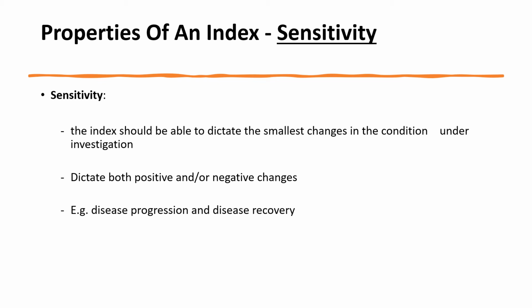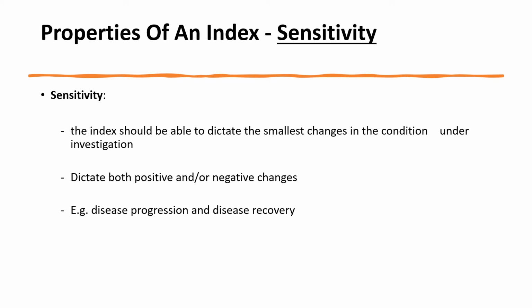Now, in the case of disease reversal, you've checked the disease condition, you use the index on the disease condition, and then you give treatment for that disease, and the disease reverses to the normal, healthy stage.